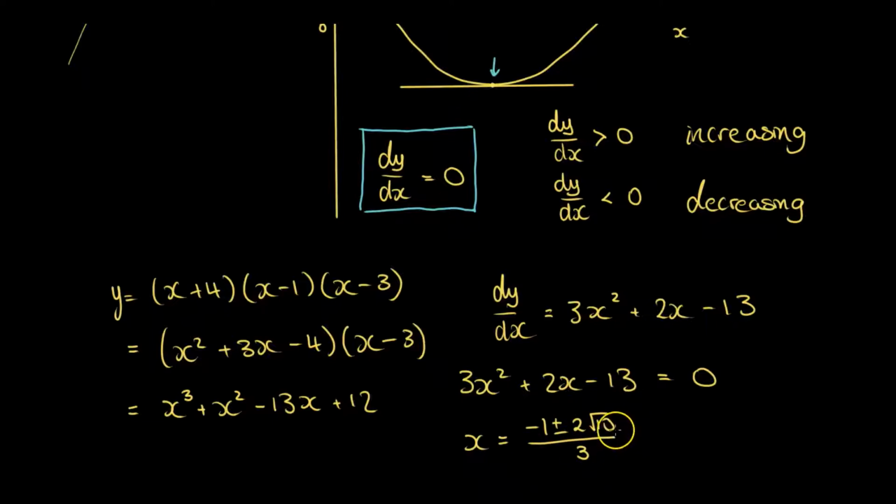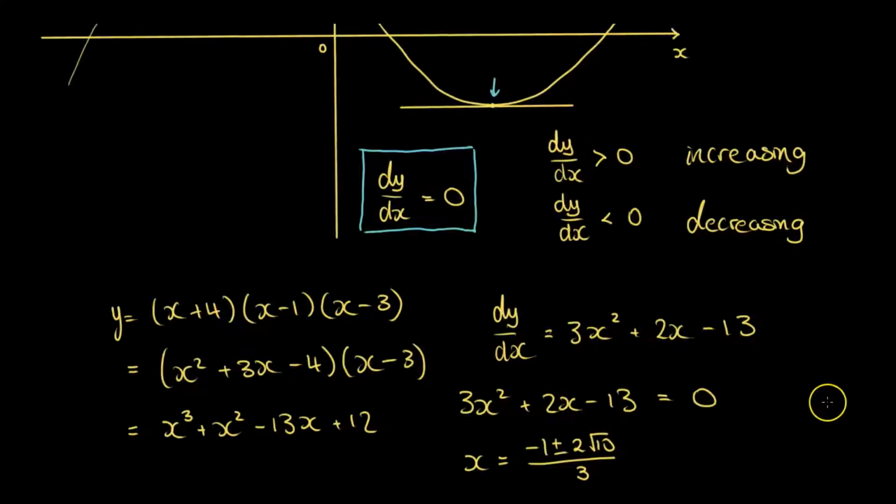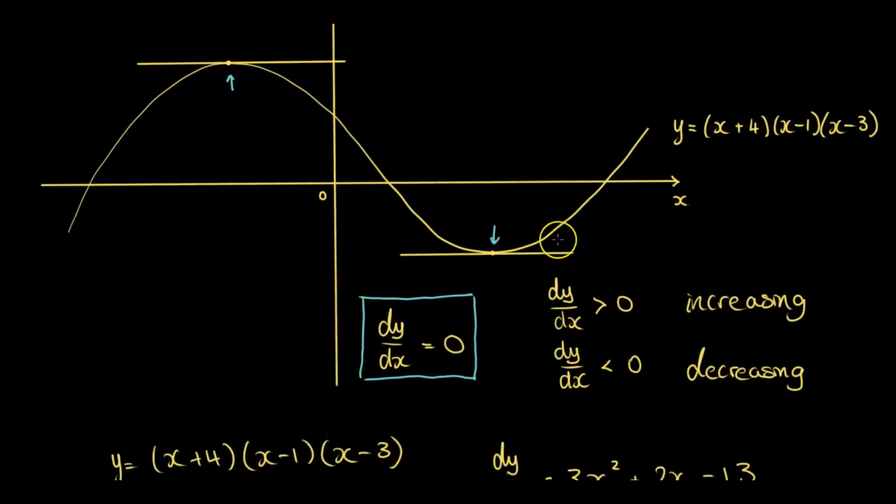So we've got 2 solutions here. We've got the positive and the negative of this root here. So one of them is going to be smaller than the other. And so we've got our 2 x values. We've got this x value here, and we've got this x value here. So this one here will be x is equal to minus 1 minus 2 root 10 over 3.